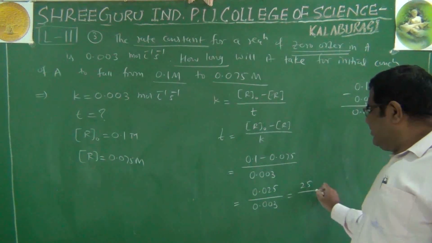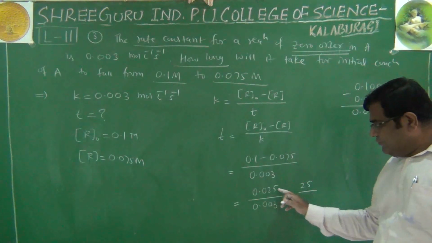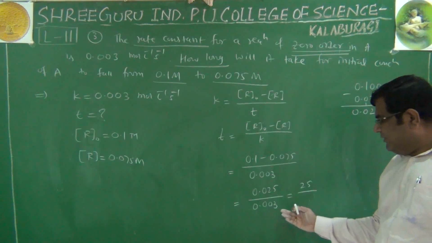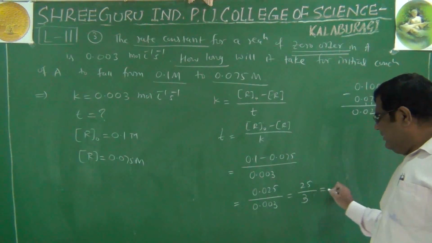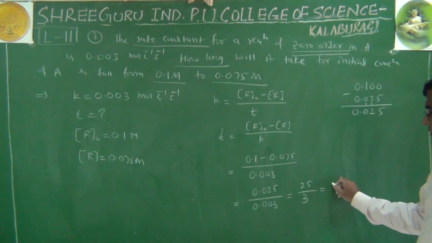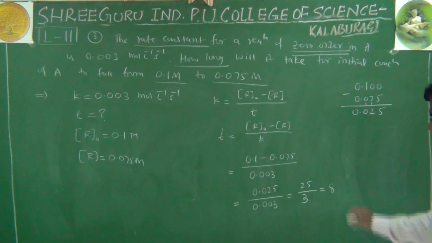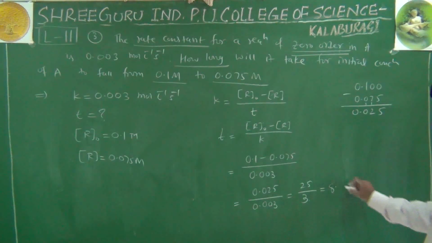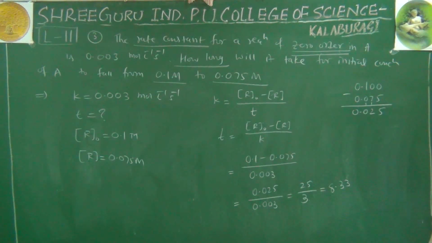I can write this as 25 multiplied by 1000, and we can multiply the same thing here also, the value will remain the same. So 25 by 3 is 8.33, as 3 8s are 24, 1 remains, and 1 is 1/3 of 3.